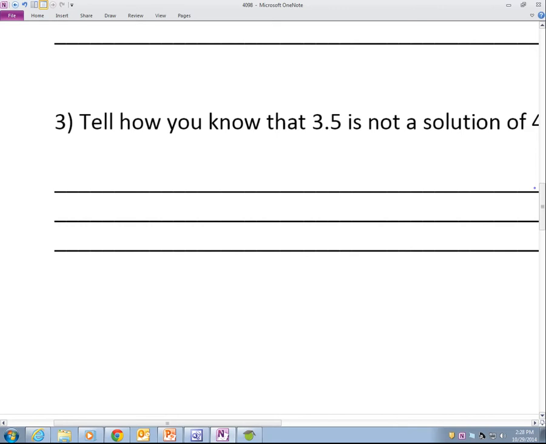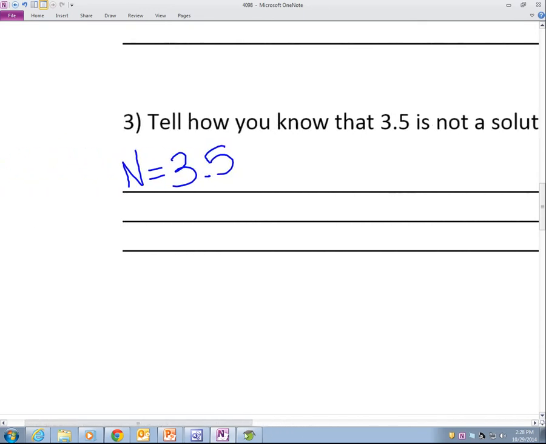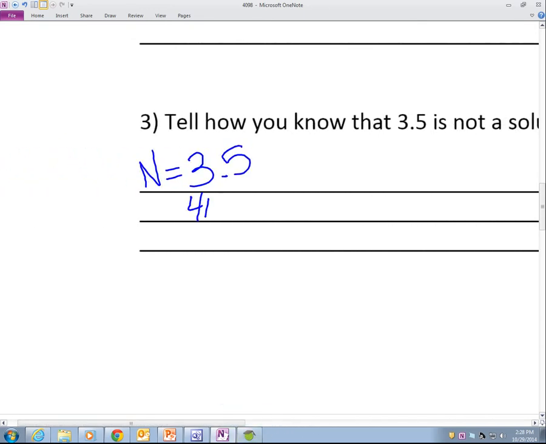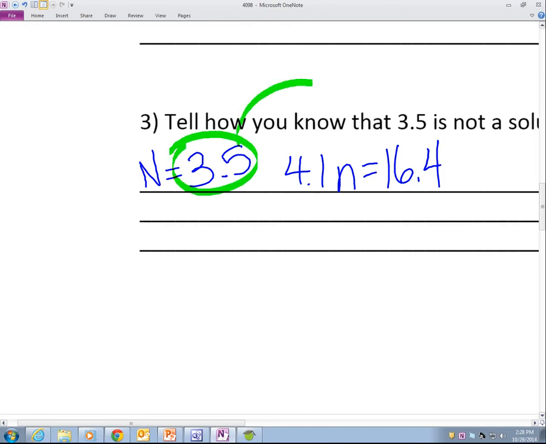We have to prove that n is not 3.5. So the equation is 4.1 n equals 16.4. Since we're testing that n is equal to 3.5, we're going to insert that as n and plug it in.